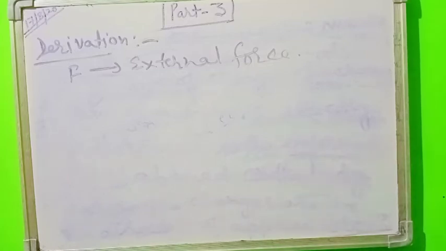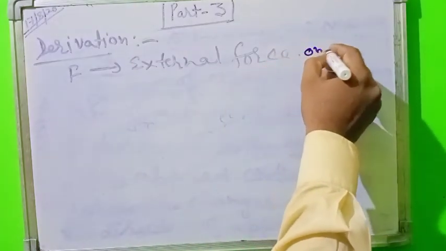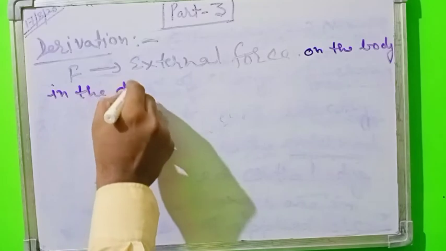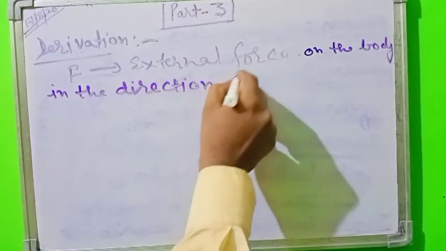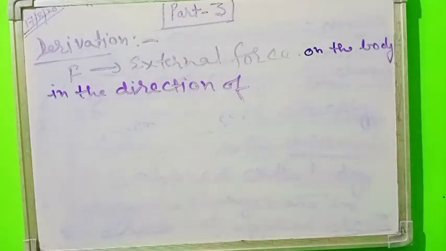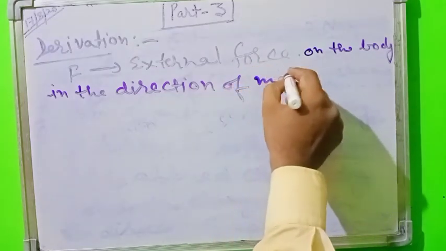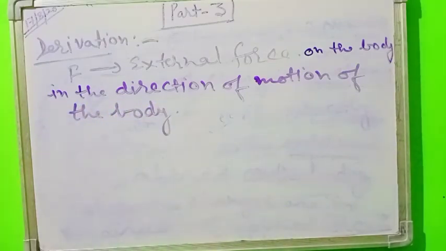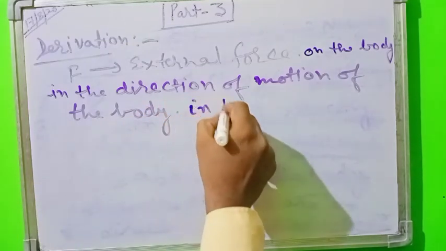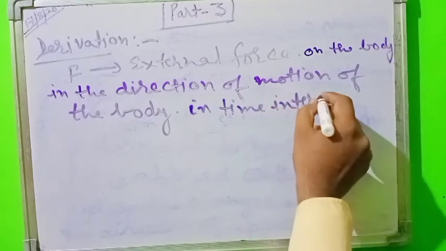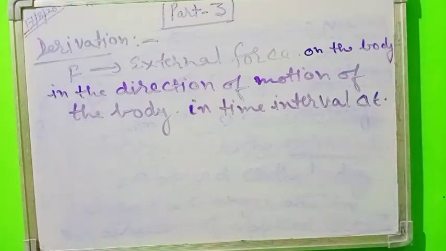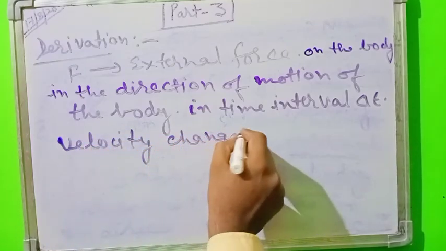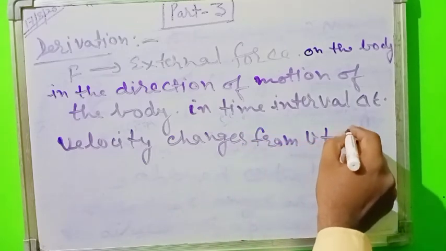If F is the external force on the body in the direction of motion of the body, in time interval delta t, velocity changes due to the application of force from v to v plus delta v.